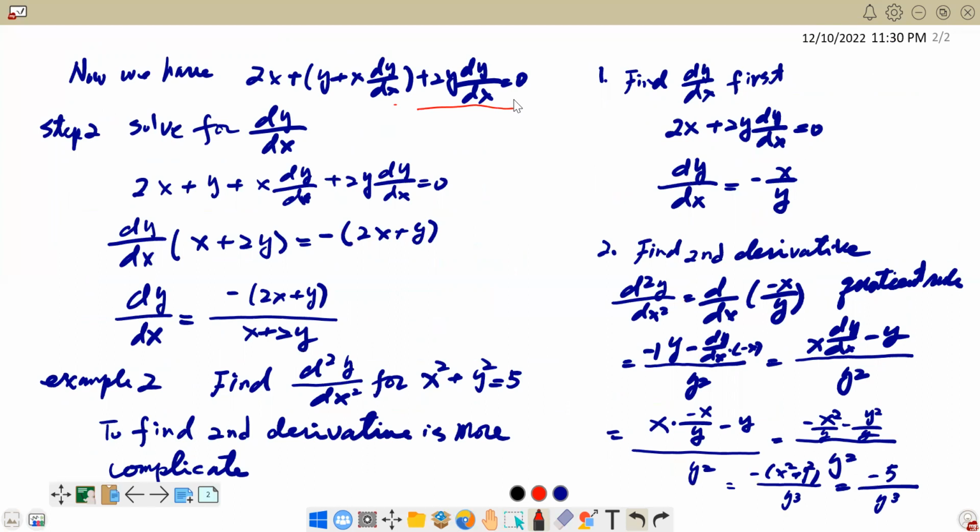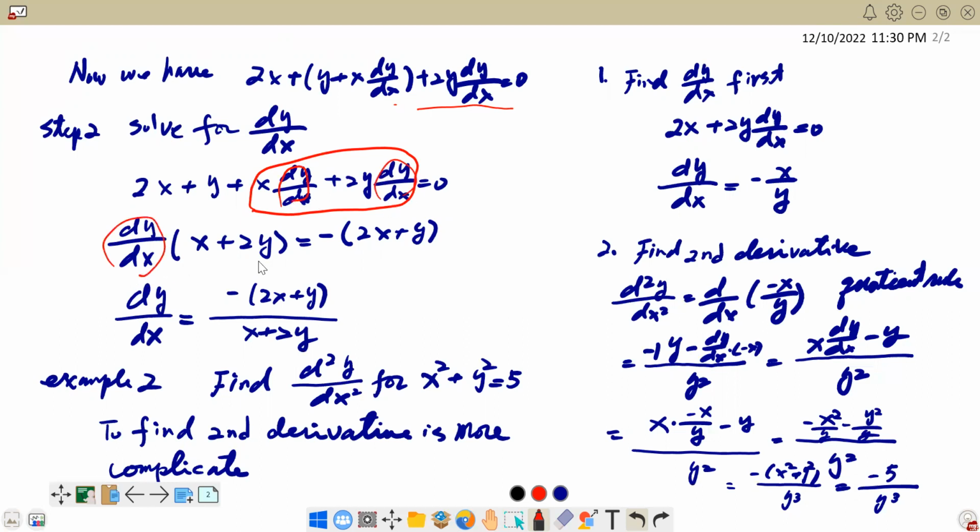Second step, we want to solve for dy/dx. So now we rewrite: 2x plus y plus x dy/dx plus 2y dy/dx equals 0. These two are like terms, so we factor out dy/dx.